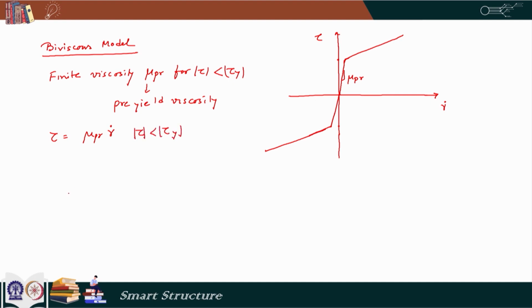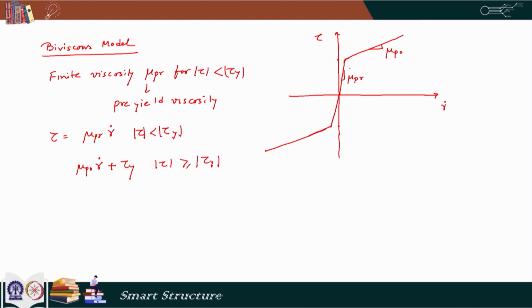Again we should put the mod sign, and it is mu po, post-yield viscosity, gamma dot plus tau y. So, this viscosity we are calling mu po, that means post-yield viscosity, and it is the same here on the negative side when tau is more than or equal to tau y magnitude wise.